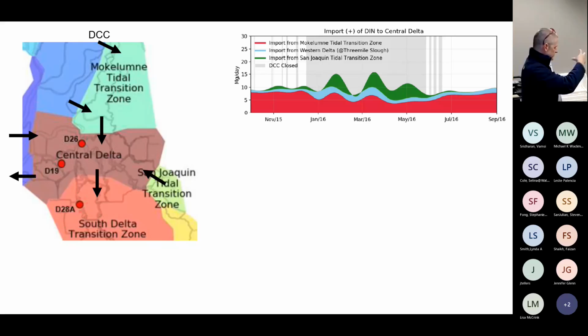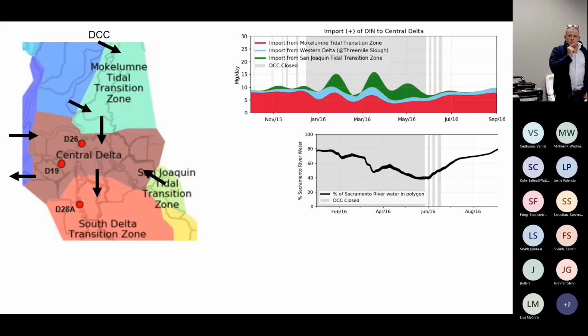The remainder is coming through Georgiana Slough into the system. So when the delta cross channel opens in June, sporadically, you get roughly a doubling almost of nitrogen coming out of the Sacramento River, coming into the central delta via the McCulloughney tidal transition zone.